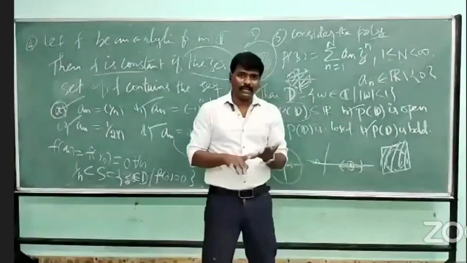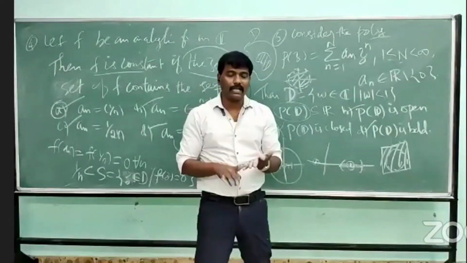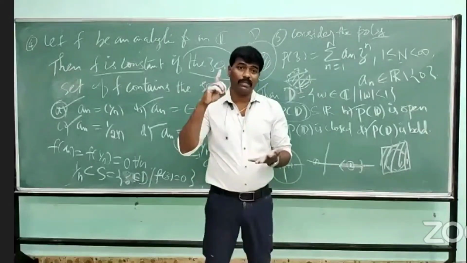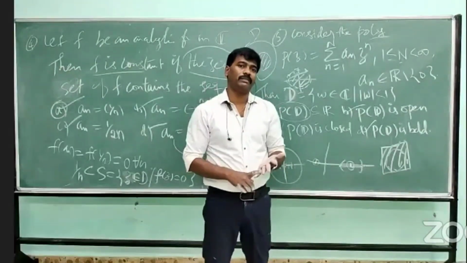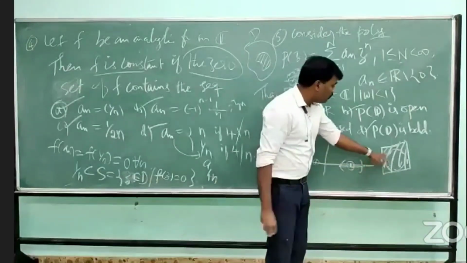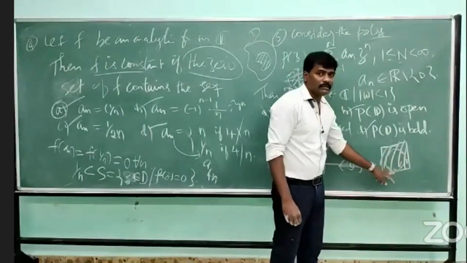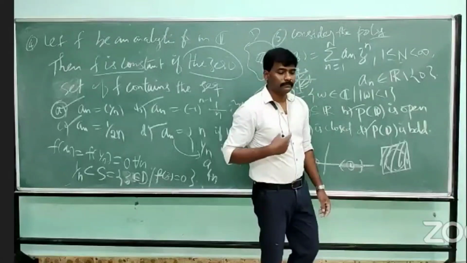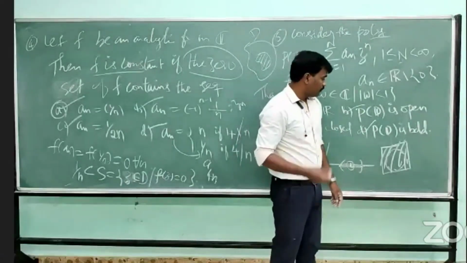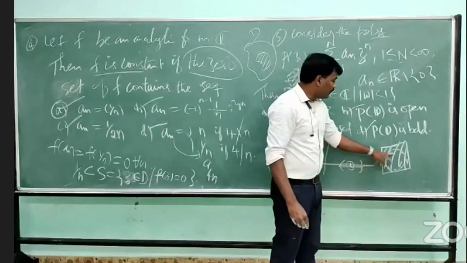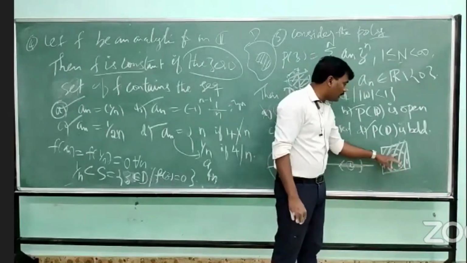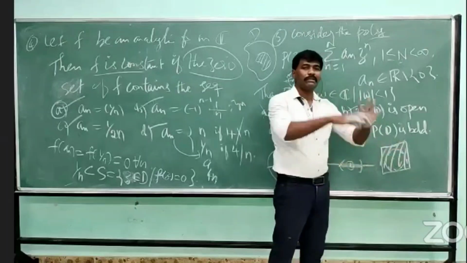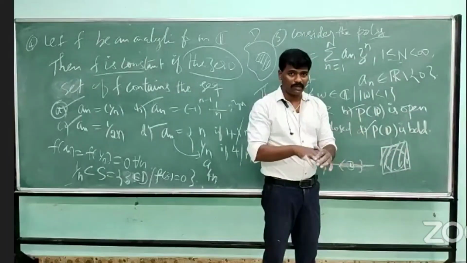F is entire. F means f of z is entire. Entire implies differentiable, and differentiable implies continuous. Okay, this is an open set. Now I conclude with the closed disk. I will take a closed set containing that open disk.